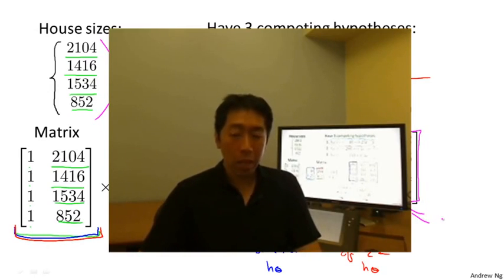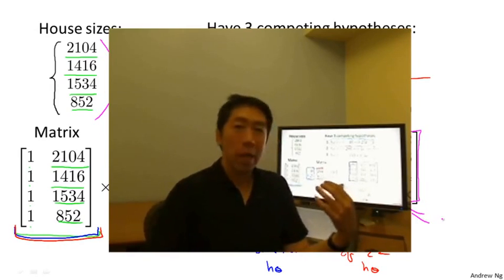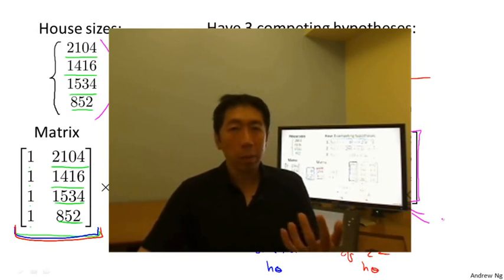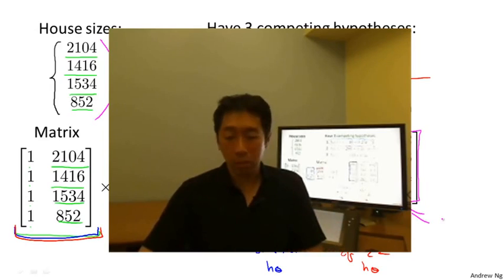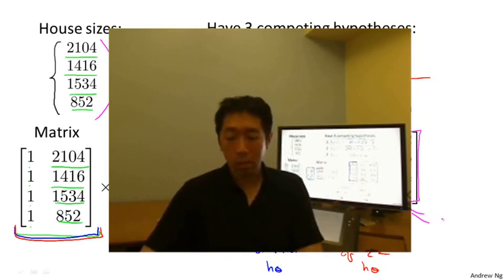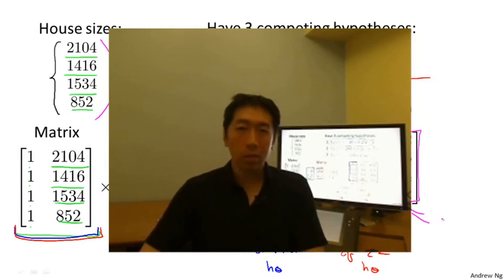And there'll be good linear algebra libraries that are highly optimized in order to do that matrix multiplication very efficiently, including taking advantage of any sort of parallel computation that your computer may be capable of, whether your computer has multiple cores, or multiple processors, or within a processor, sometimes there's parallelism as well, called SIMD parallelism, that your computer can take care of. There are very good free libraries that you can use to do this matrix multiplication very efficiently, so that you can very efficiently make lots of predictions of lots of hypotheses.